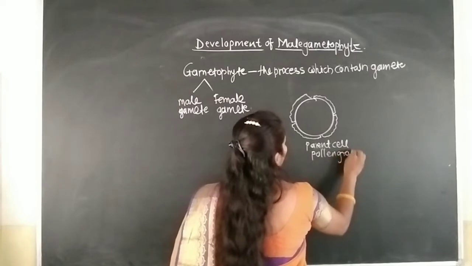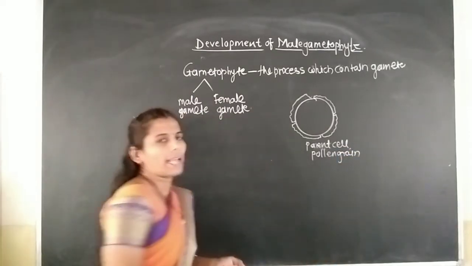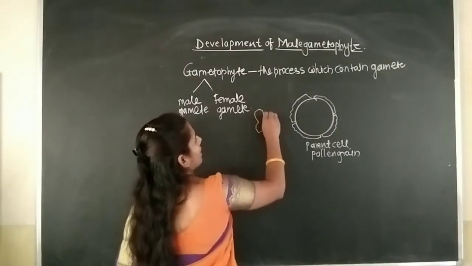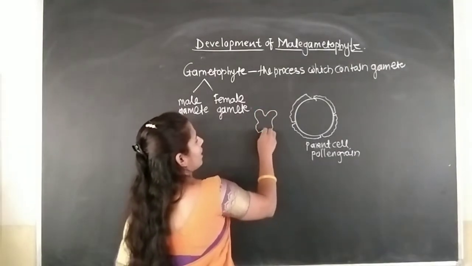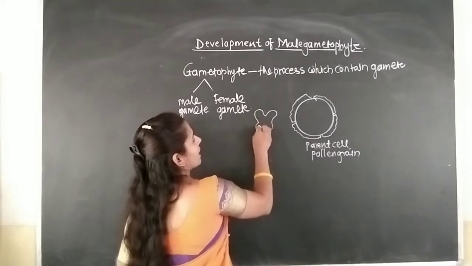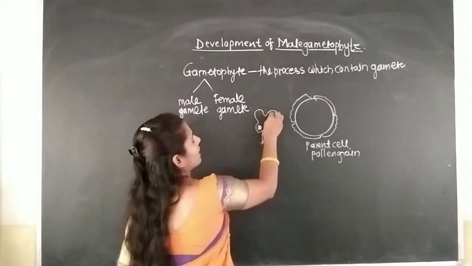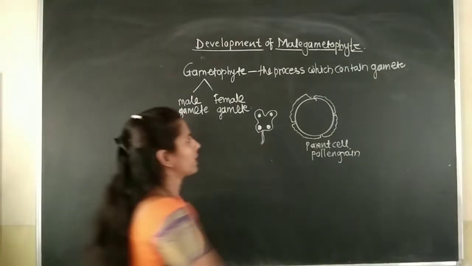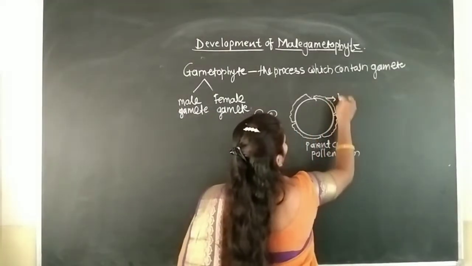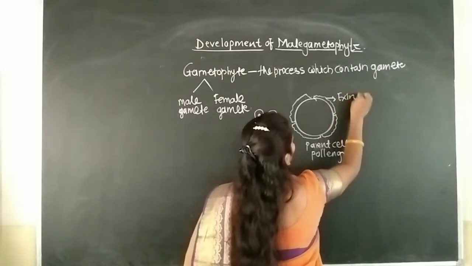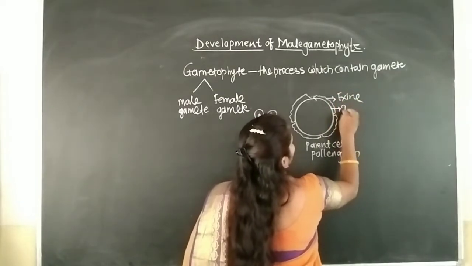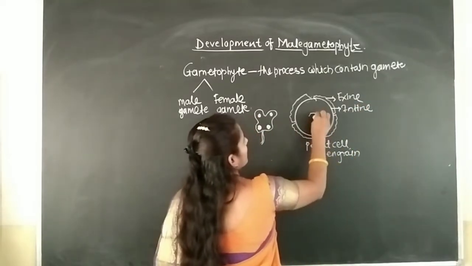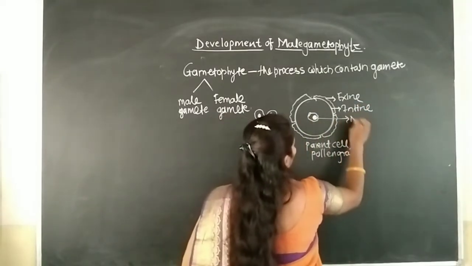And this pollen grain is formed in the anther. We know the anther structure: this is the anther, and the anther has 4 pollen sacs, in which the pollen grain is formed. This layer is called the exine. The inner layer is called the intine. Then the nucleus is present in that.